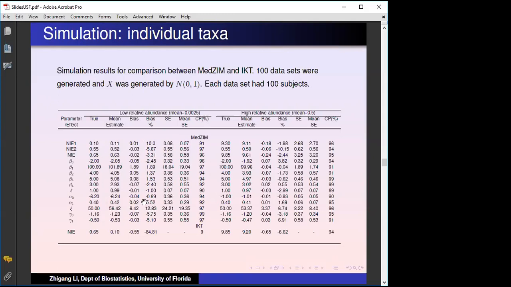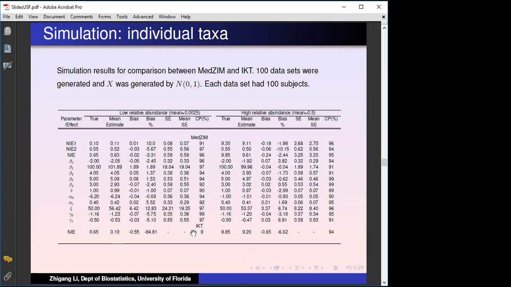In this scenario, these are the true parameter values we used to generate the data. For the independent variable x, we generated it from the standard normal distribution. As you can see here, the model performance is really as expected. There's no big bias, and the coverage probability of the 95% confidence interval is around the nominal level, 95%.